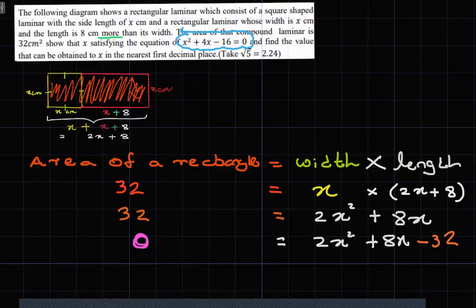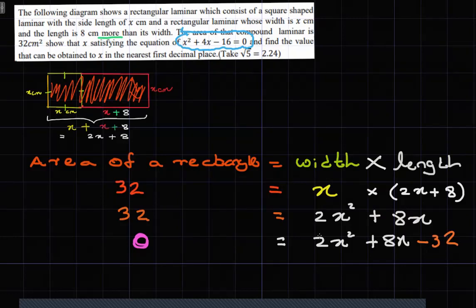Now let's ask the examiner whether he's happy. He says still no. Why? He wants the equation to be presented as x squared plus 4x minus 16. In his equation, in front of x squared there's no number. So what's x squared's coefficient? It's 1. When there's no number, we know it's 1.